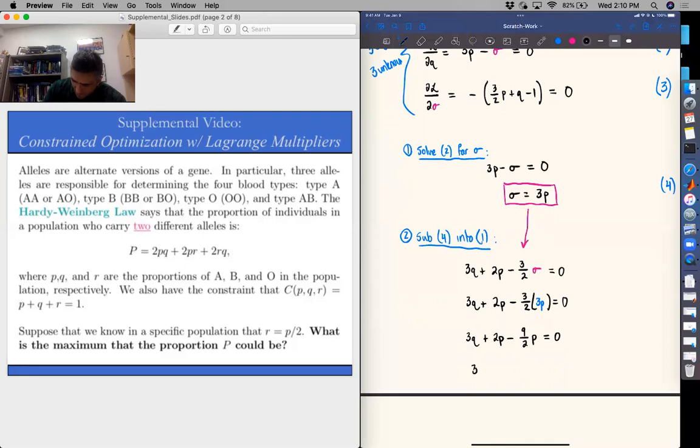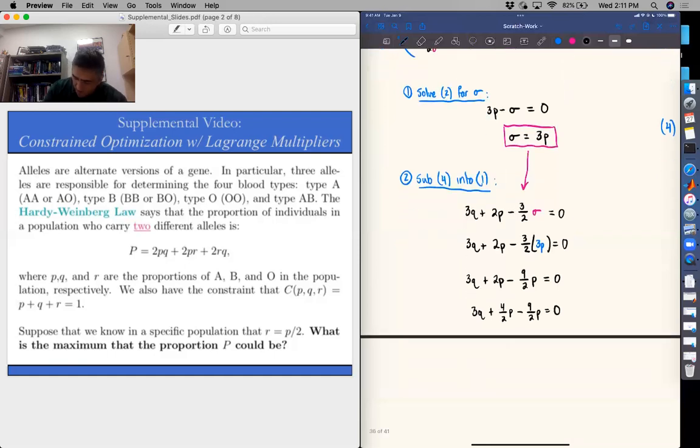And I'm just going to find a common denominator between those last 2 terms so we can put those p terms together. Common denominator being 2. So what this equation turns into is we have 3q minus 5 halves times p equaling 0.